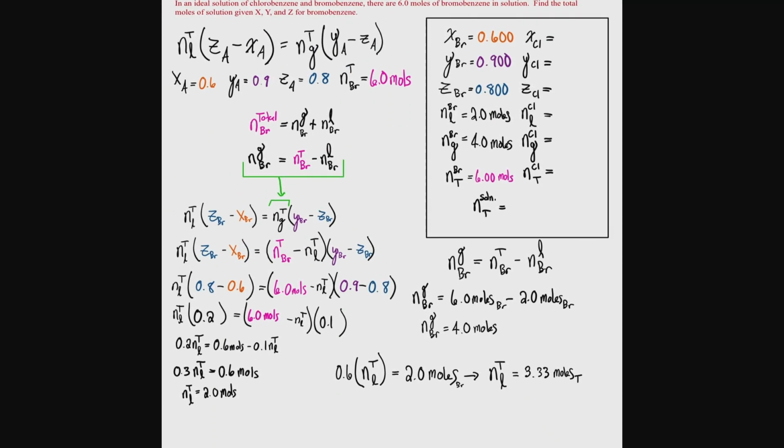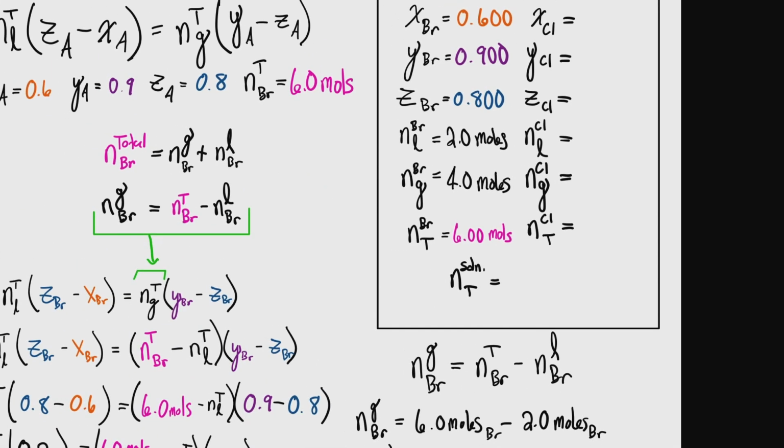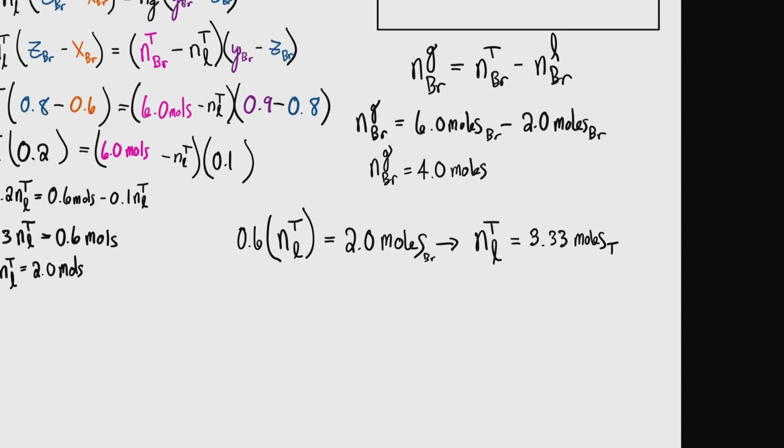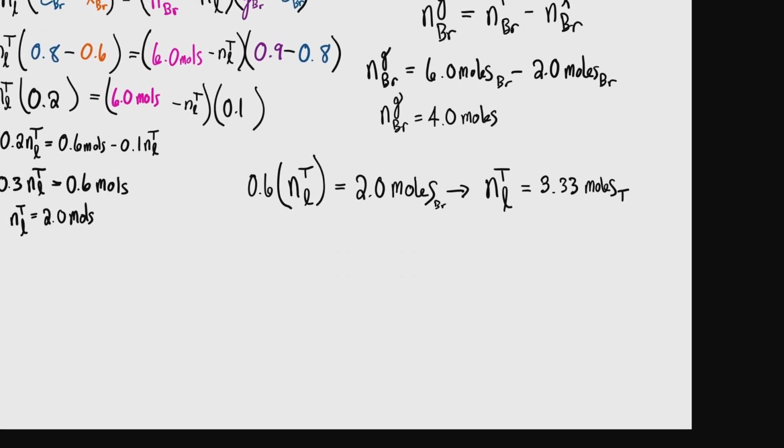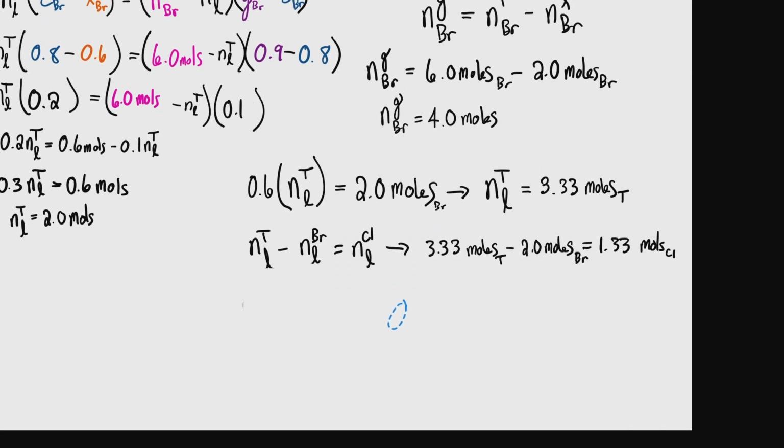Now, if we know the total moles of solution and we know the total liquid of bromine, we can very easily rearrange and find that the total moles of chlorine is just the whole minus the part equals the part that we desire. So 3.33 minus 2.0 equals 1.33 moles of chlorine in the liquid phase.